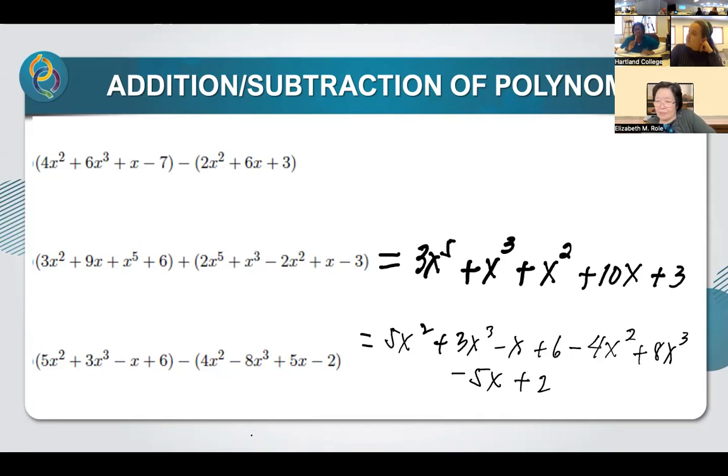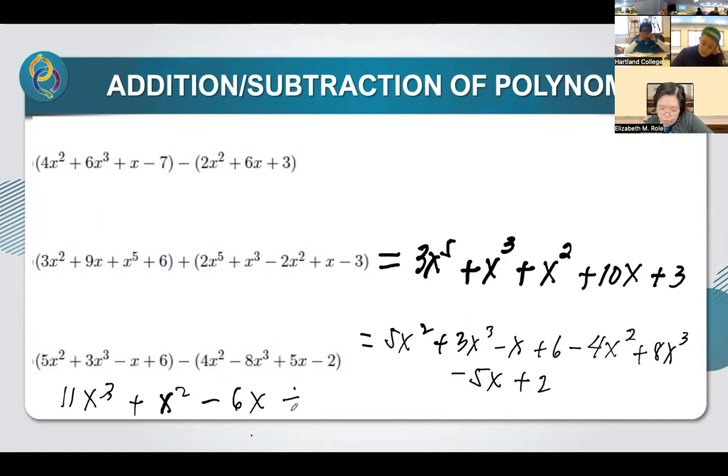So the final answer will be 11x cubed, because you now have 3 plus 8, plus x squared, because you have 5x squared minus 4x squared, and then minus 6x, because that is minus x minus 5x. Then you have 6 plus 2, plus 8. Nice.